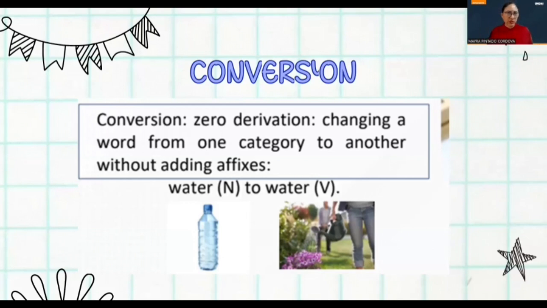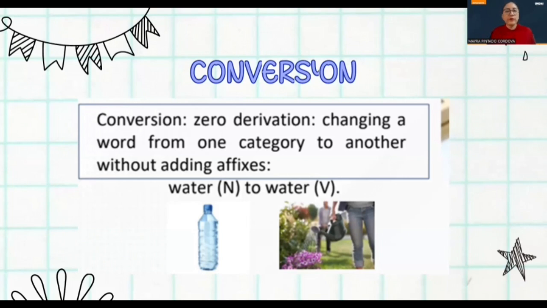Hello guys, I am going to talk to you about conversion. What is conversion? Conversion in morphology is a kind of word formation which involves creating a new word class from existing words without any change in form.